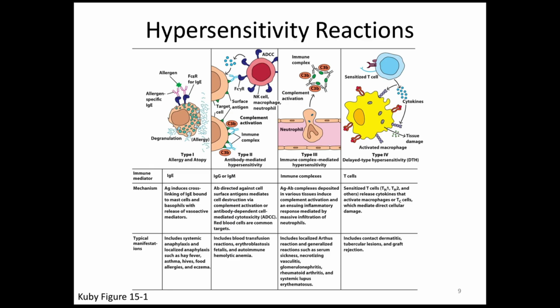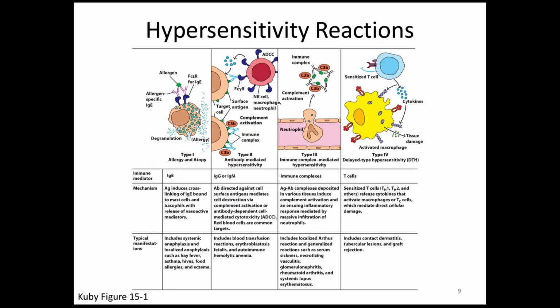And so what you can see is that one big difference between our 4 types of hypersensitivity responses is what the mediator is. And so really what I would say is a key thing to think about, and again, we're going to zoom into this more, is that with types 1, 2, and 3, antibodies are really causing the problems. And with type 4, T cells are causing the problems. And you will also see as we talk through this in detail, the particular type of antibody varies between type 1, 2, and 3.